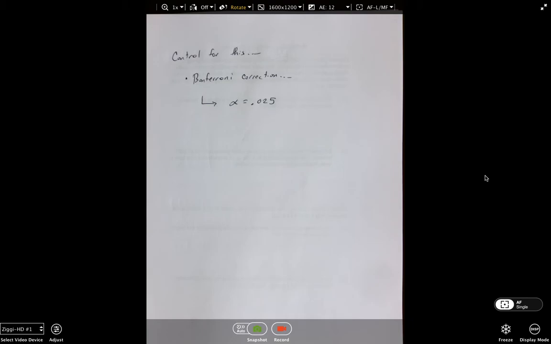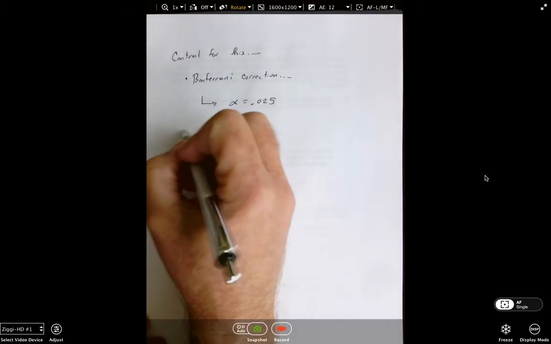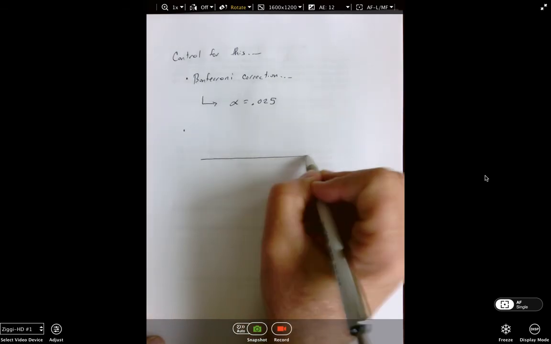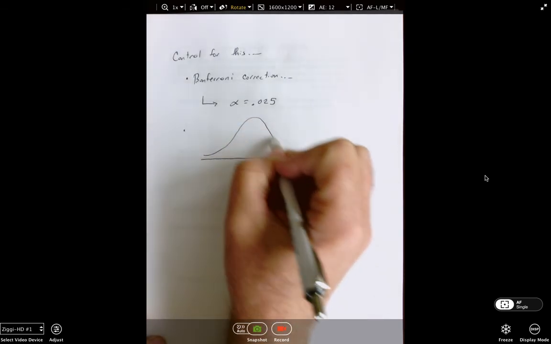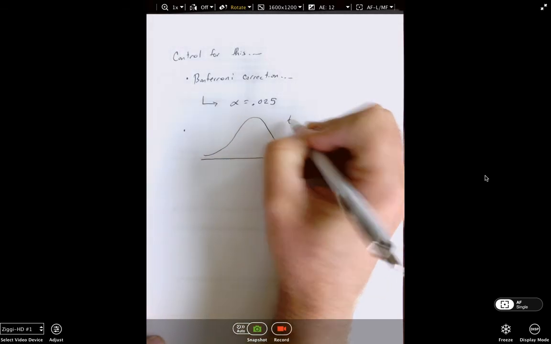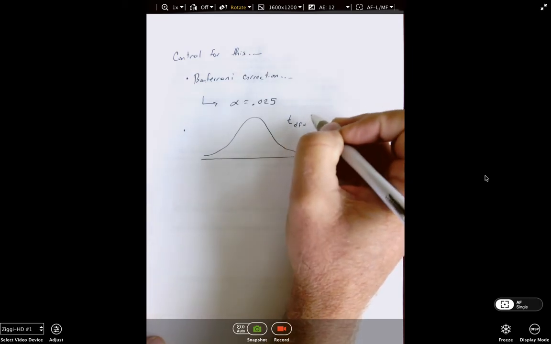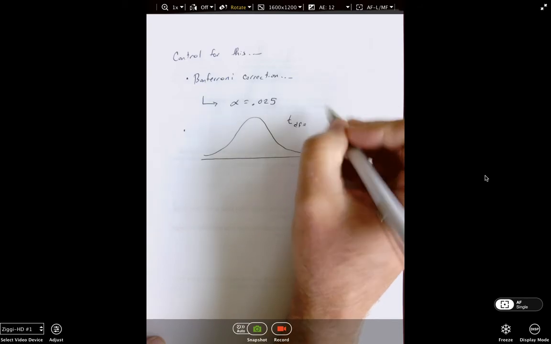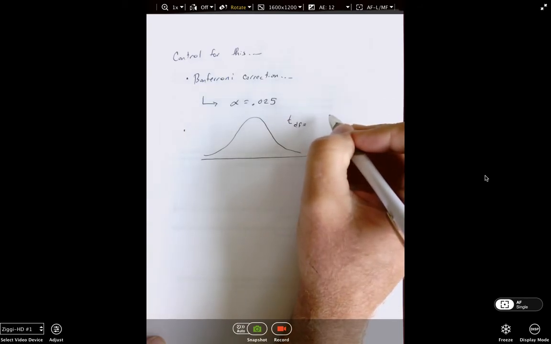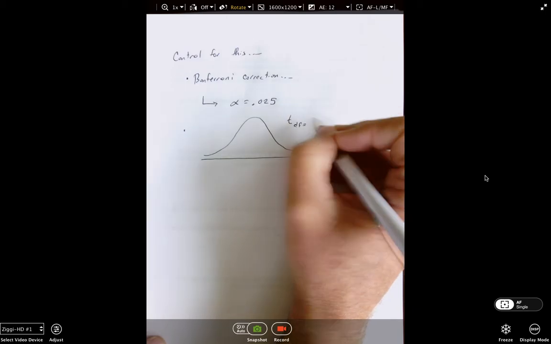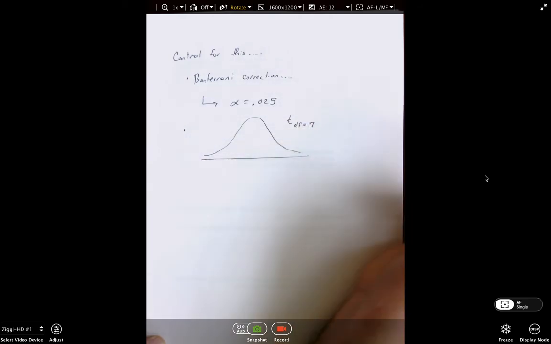So if we get into R, what we want to do is look at our sampling distribution for T with degrees of freedom. In this case, would be what? N minus K. So our degrees of freedom would be what? 17, since we have 3 predictors.